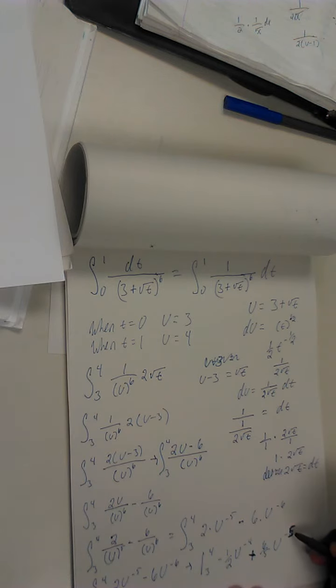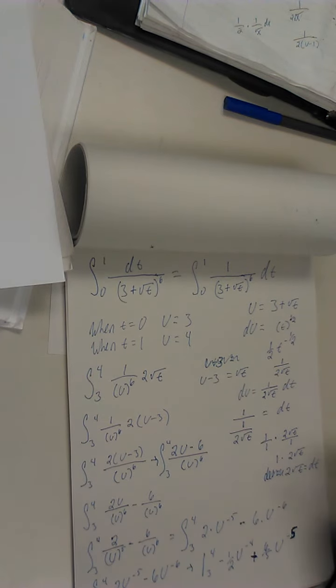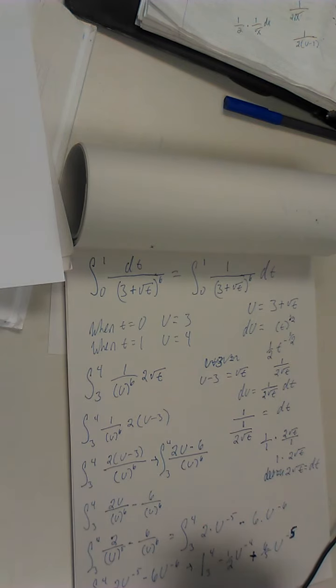Again, when you're doing these problems, you always need to look back and make sure you did everything correctly. So to break this down further, going from 3 to 4, you're looking at negative 1 all over 2u to the 4th plus 6 all over 5u to the 5th. Are we ready to plug in our limits?